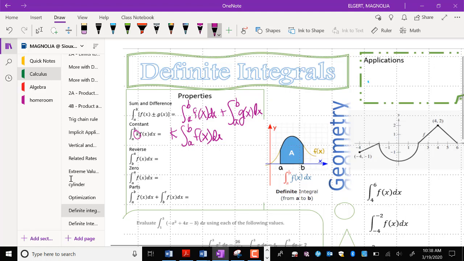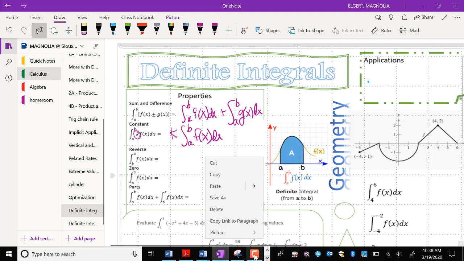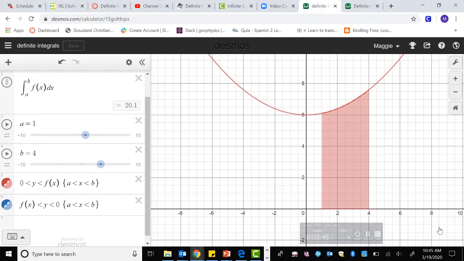The reverse function. So this one looks like, let me hit pause for a second so I can pull up Desmos to show you exactly what. Okay, so on Desmos, I have an integral, and I'm going from 1 to 4. You can see right here my a and my b. The area is 20.1. The area under the curve is the shaded area. So what happens if I reverse a and b?